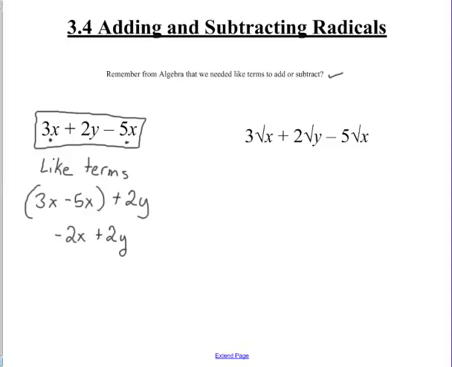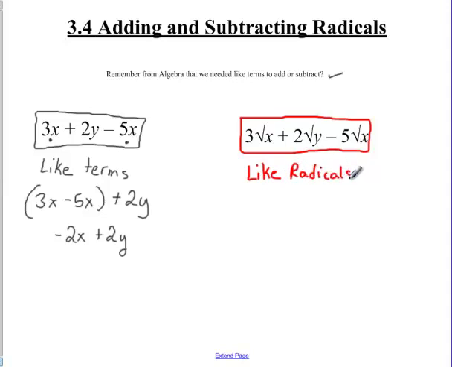So moving over here, there's absolutely no difference when we look at radicals. We need like radicals in order to add or subtract. So in our mind, we'll take 3 radical x and minus 5 radical x and group them together because they have the same radical, radical x.